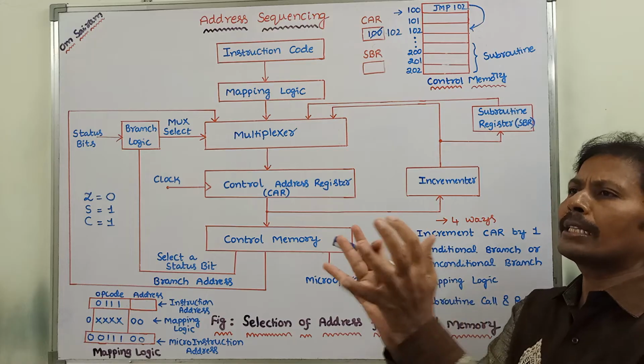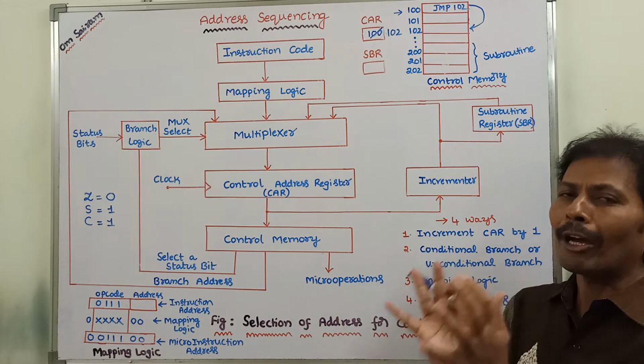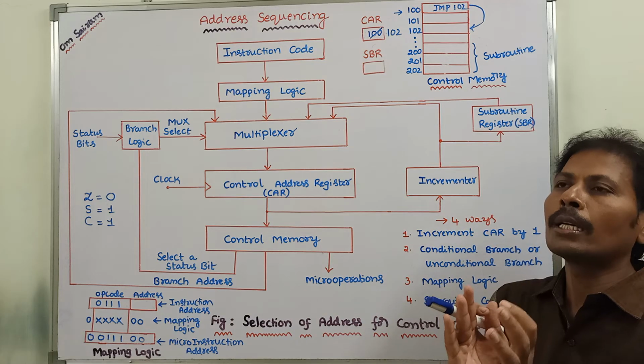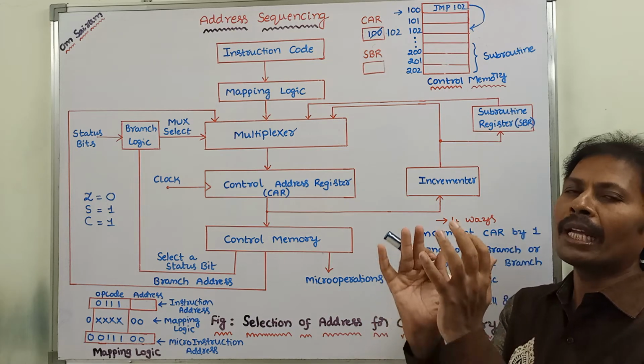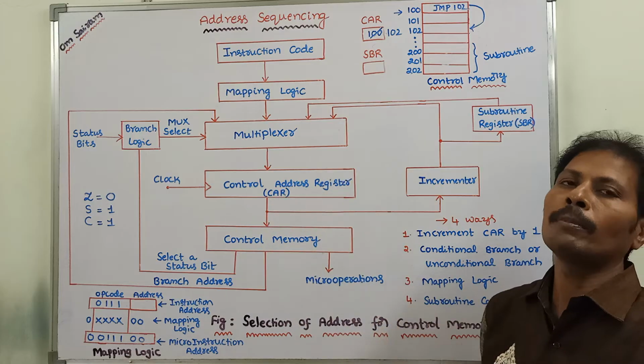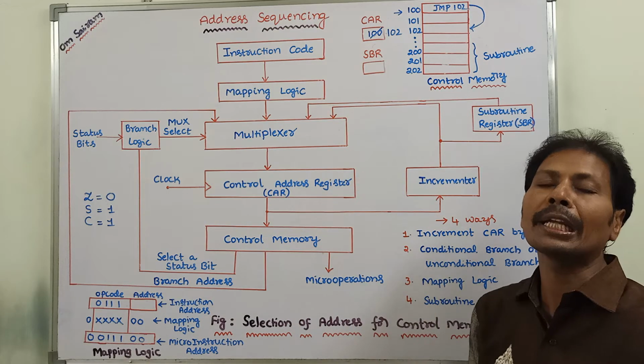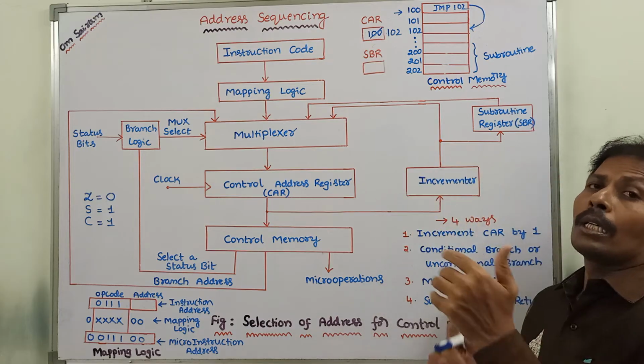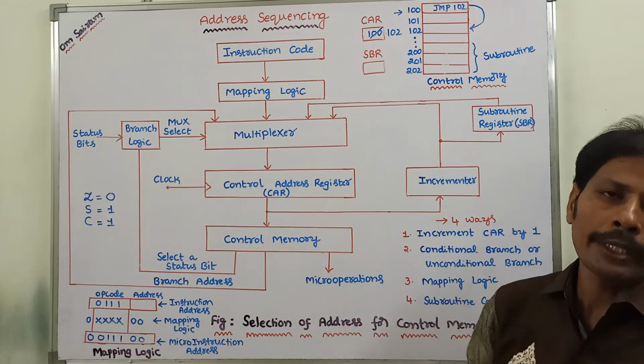Subroutines are like simple functions in a C program. Whenever a subroutine is called in the main program, the program control immediately transfers from the calling function to the called function.